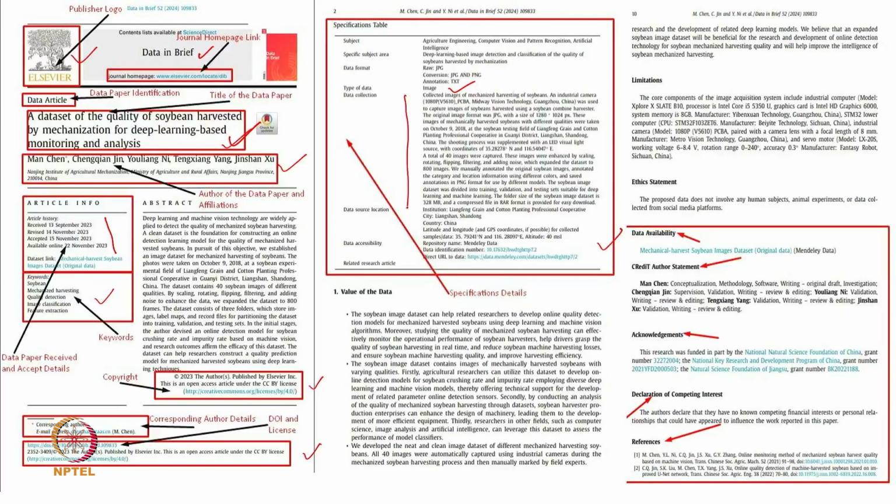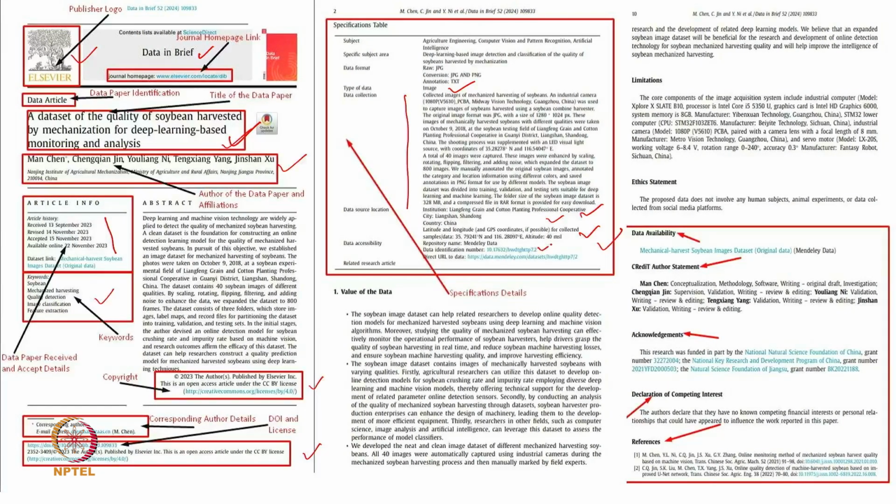Then the data source location: the source of the data is located in China, provided with latitude and longitude, and where this data can be accessed. This data is available at the Mendeley repository, and both the URLs are given.